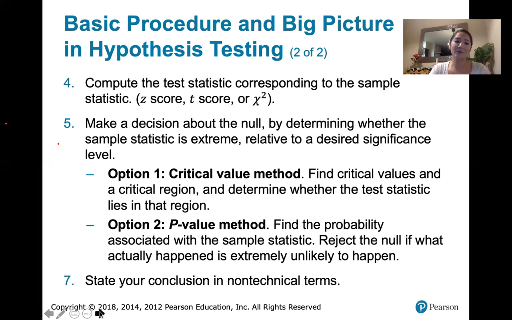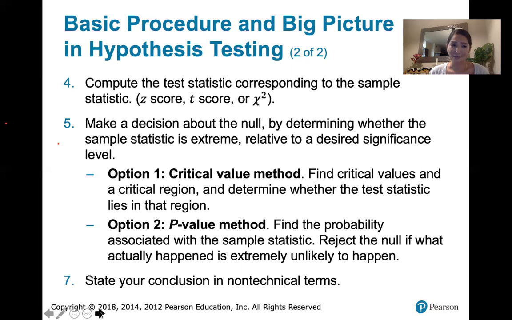And then lastly, we want to state our conclusion in non-technical terms. All that means is that we want to go back to that original claim, and we don't want to talk about p-values or critical values or z-scores or t-scores or chi-squared distributions. We don't even want to talk about null hypotheses or null and alternative hypotheses. What we want to do is talk about the original claim.